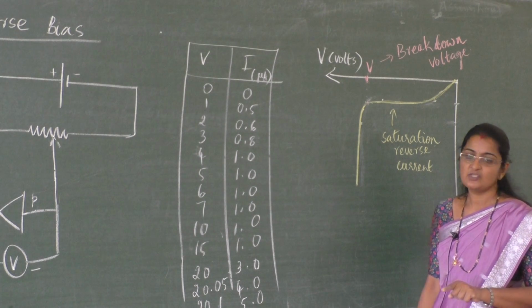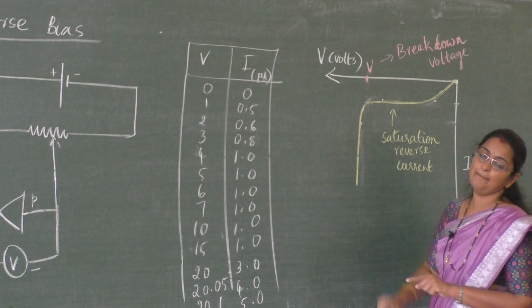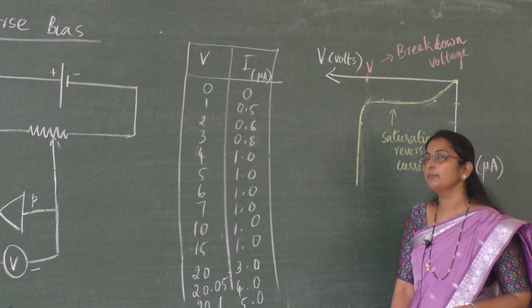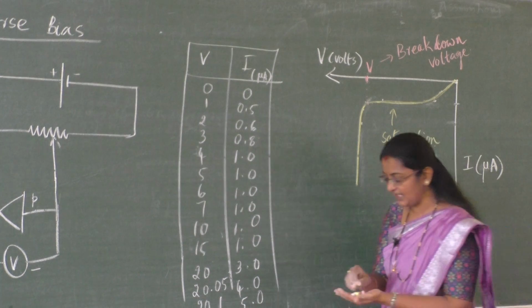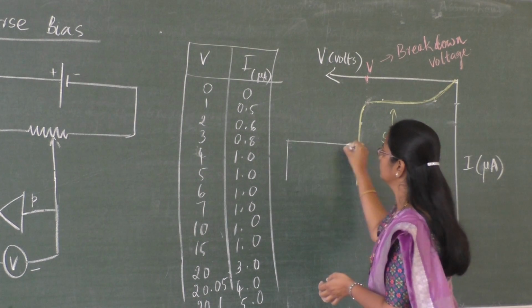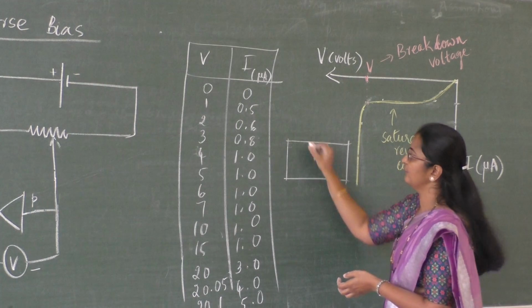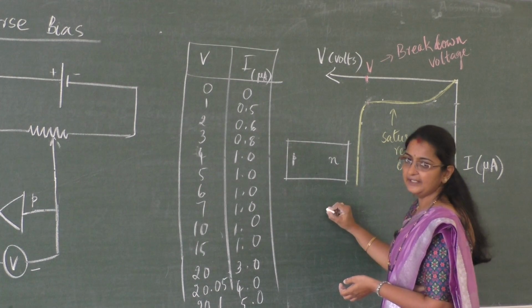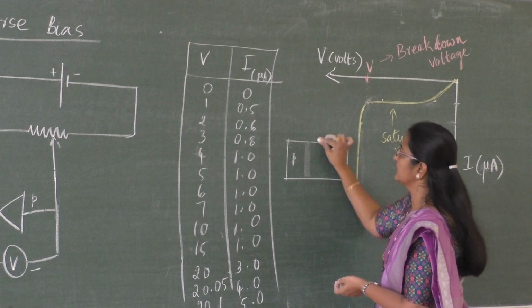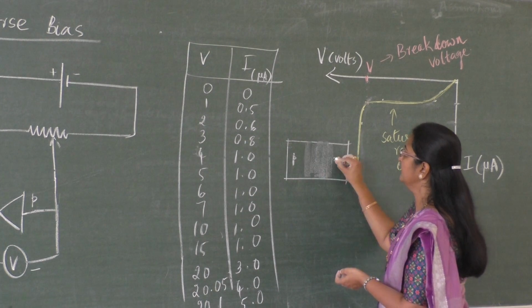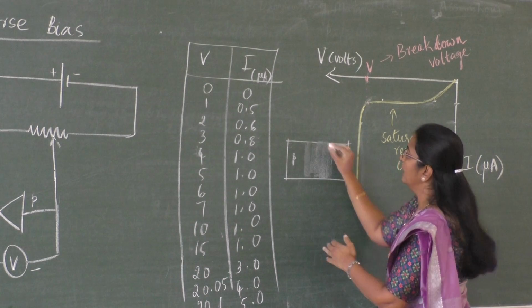Now why does this happen? The question will be there in your mind. Why will this breakdown come? Already in the last class, in reverse bias, if this is P type and this is N type, when you have given the reverse bias connection, I told you that the width of the depletion region increases.